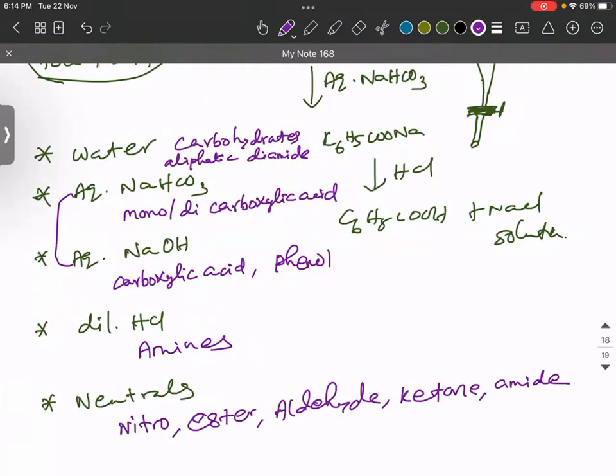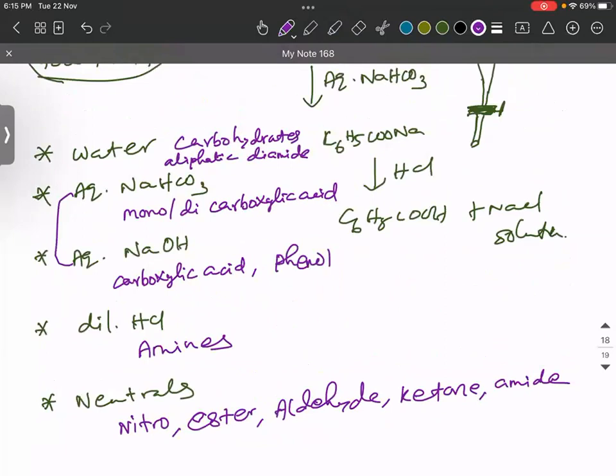All other functional groups come under this. So the organic compounds we are separating like this. You may ask, sir, starch is a carbohydrate, but it is not soluble. Understood? Starch will not dissolve, so it differs from this solvent separation. Is it clear? So these are the methods by which you can purify your compounds.